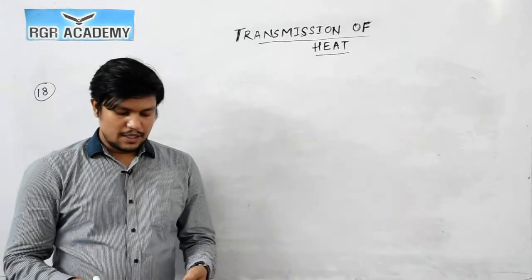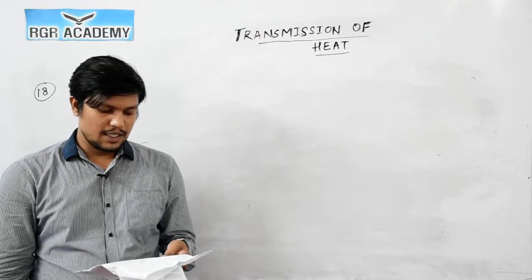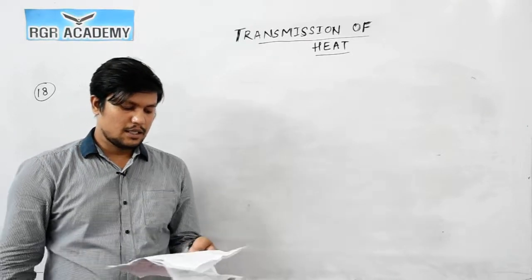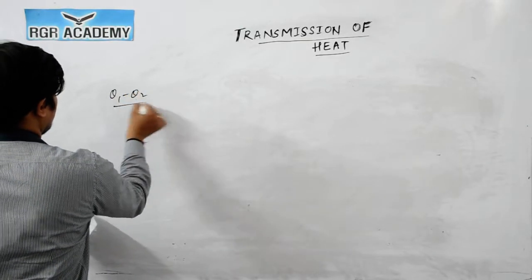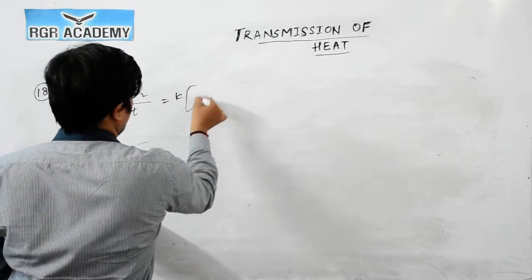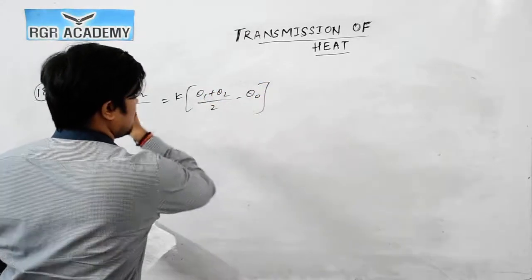In question number 18, a metallic sphere gets cooled from 62 degrees Celsius to 50 degrees Celsius in 10 minutes. Again the question is based on Newton's law of cooling. So we know that (theta 1 minus theta 2) by t is equal to K times ((theta 1 plus theta 2) by 2 minus theta naught), where theta naught is the temperature of the surrounding.